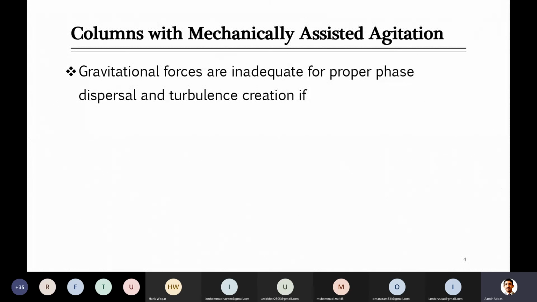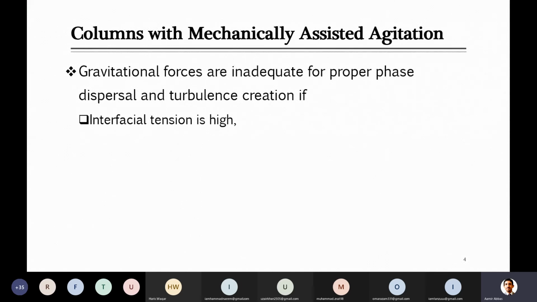When they are moving in opposite directions under the action of gravity and coming in contact, definitely there will be contact between the liquids, there will be mass transfer, and because a solvent has some affinity for some of the components present in the feed, those will be transferred, but that is not sufficient, especially when there is not proper disturbance.